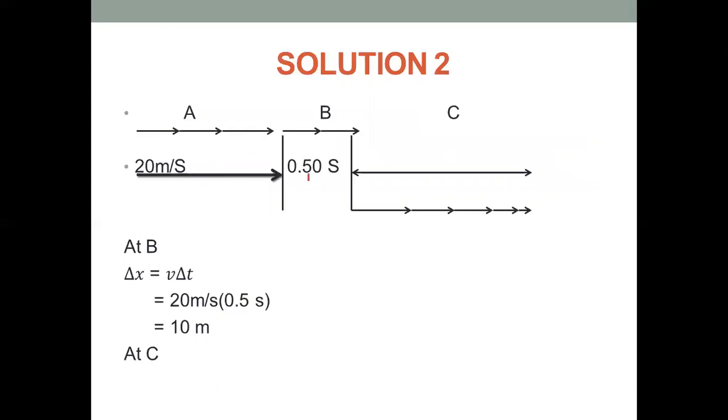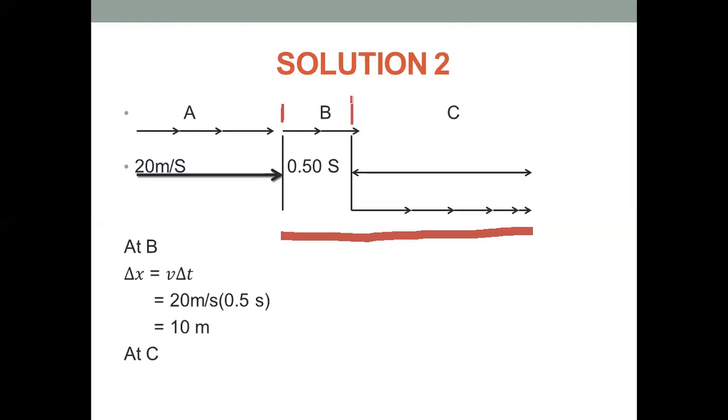Then we have section B, the reaction time, just before the motorist applies brakes. Now when you add B and C, the distance will be 60 meters, because the motorist realized that the traffic light had turned yellow somewhere here, but it took about 0.5 seconds to react.